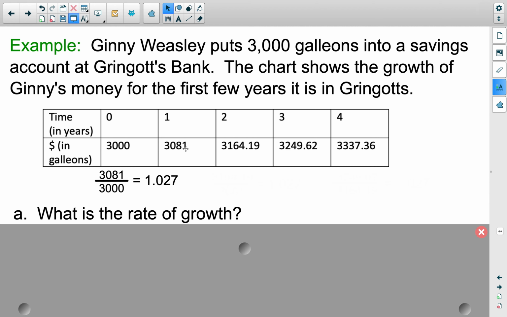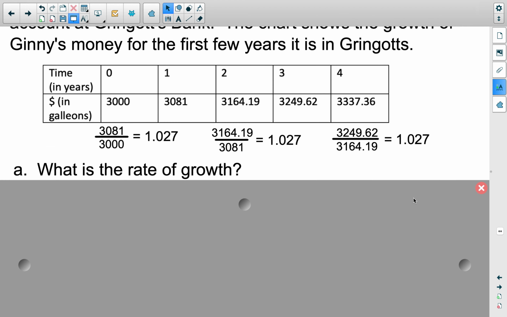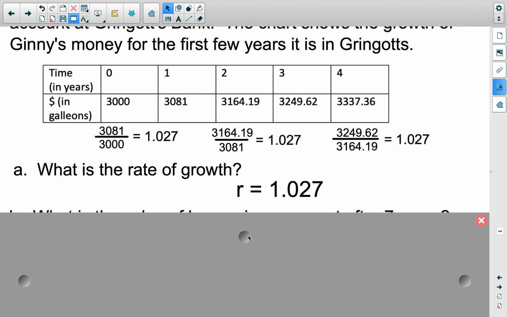For example, if I take the first year divided by its previous year, I get a growth rate of 1.027. Let's try the second year divided by the first, I get that same growth rate. I could show you all of these, but I'll just do one more. If I take the third year divided by the second year, I get the same growth rate. So what is my growth rate? It's 1.027, and that makes sense, 100%, plus another 2.7% apparently is what Ginny is getting.